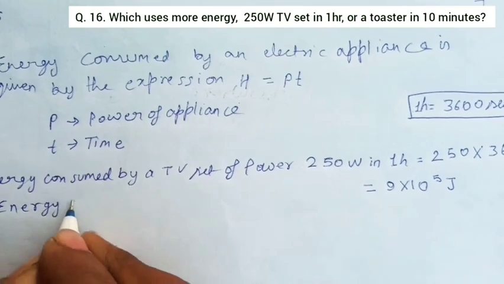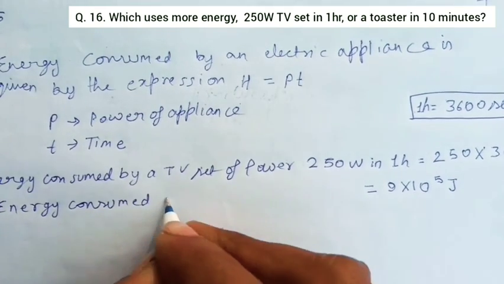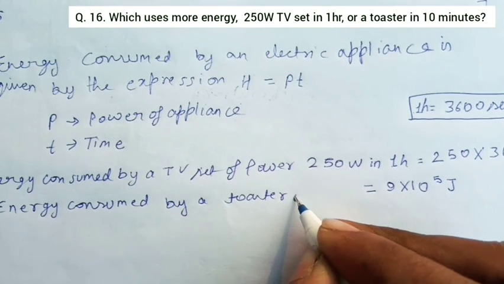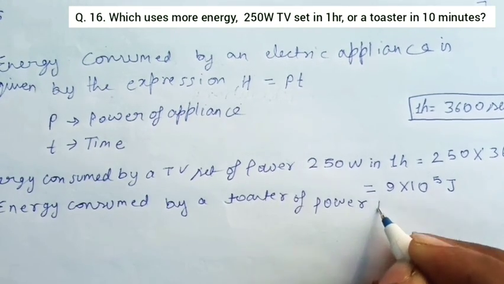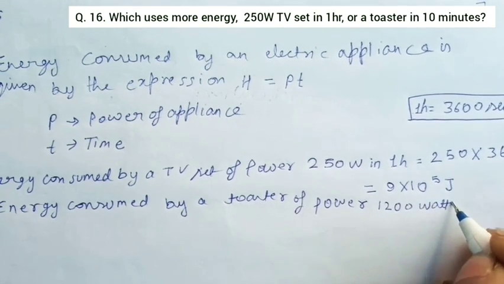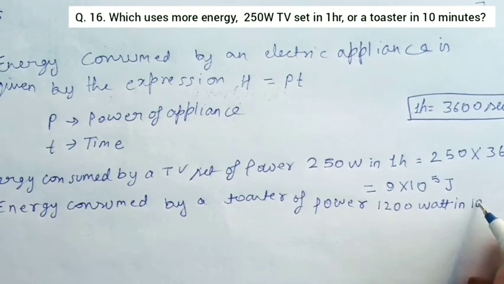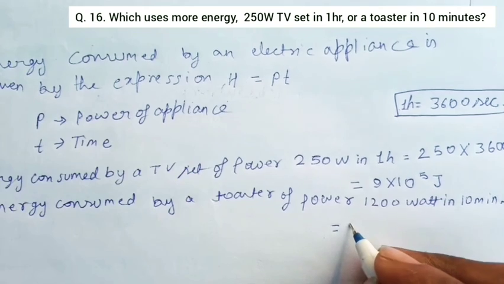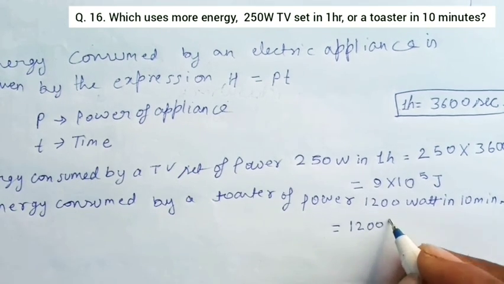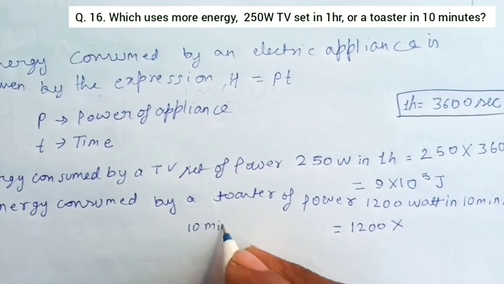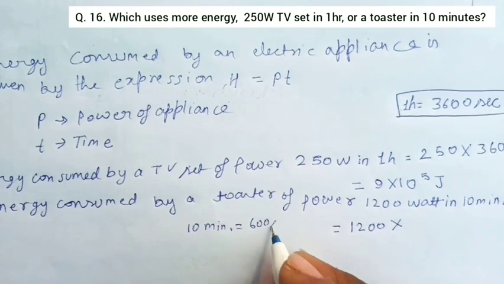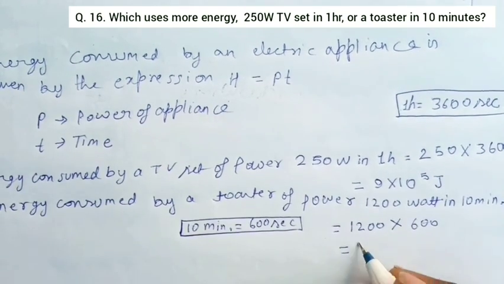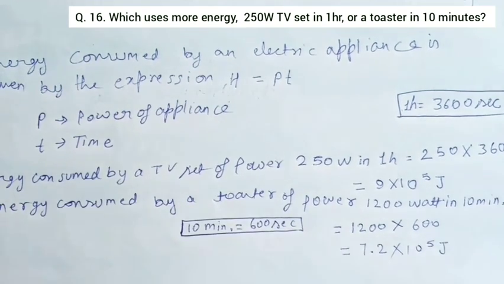Energy consumed by a toaster of power 1200 watt in 10 minutes is equal to 1200 into 10 minute is equal to 600 second. 1200 into 600 is equal to 7.2 into 10 to the power 5 joule.